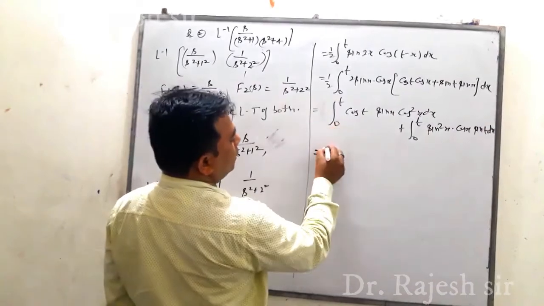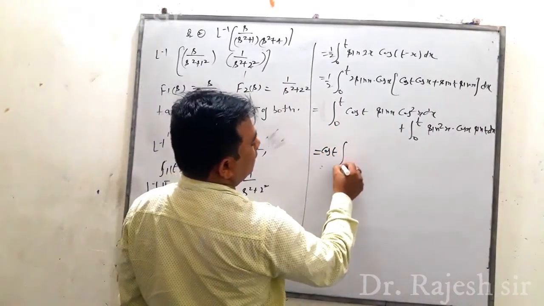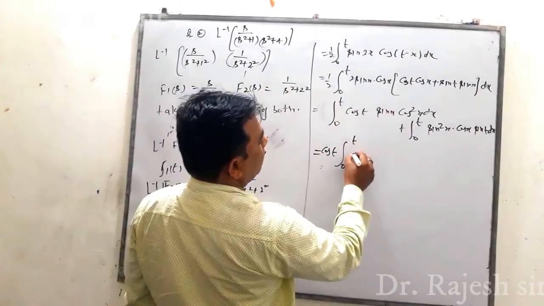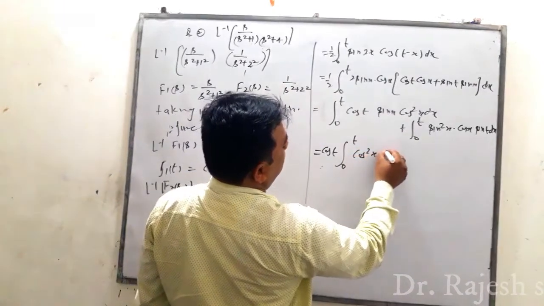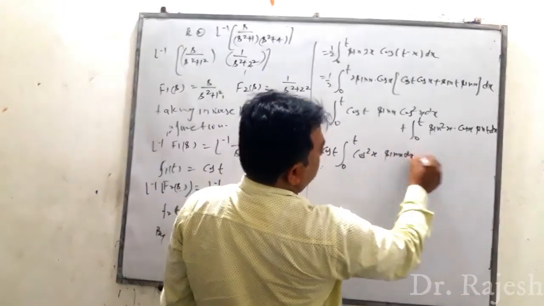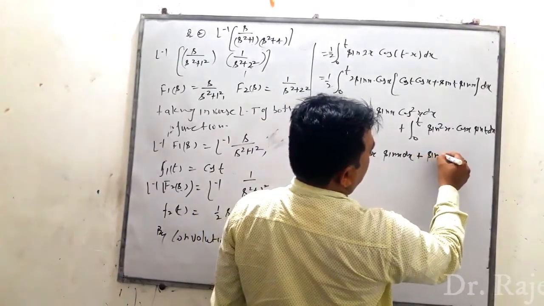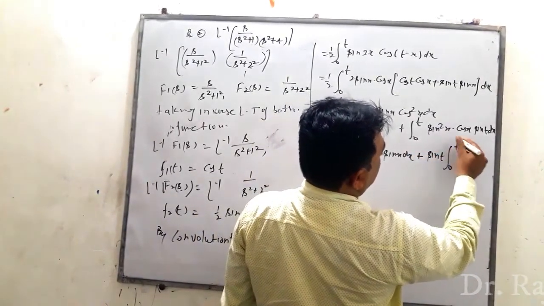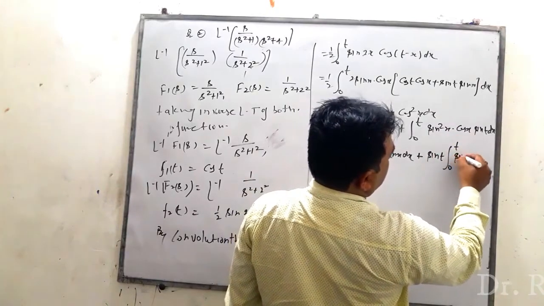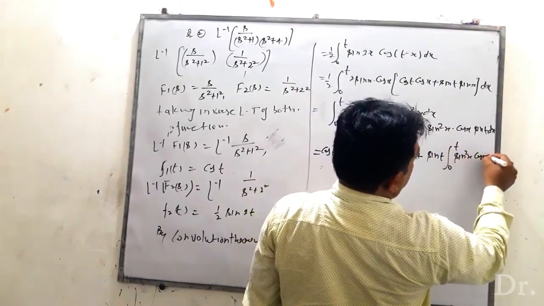Now cos t is constant, integration 0 to t cos square x sin x dx plus sin t, integral 0 to t sin square x cos x dx.